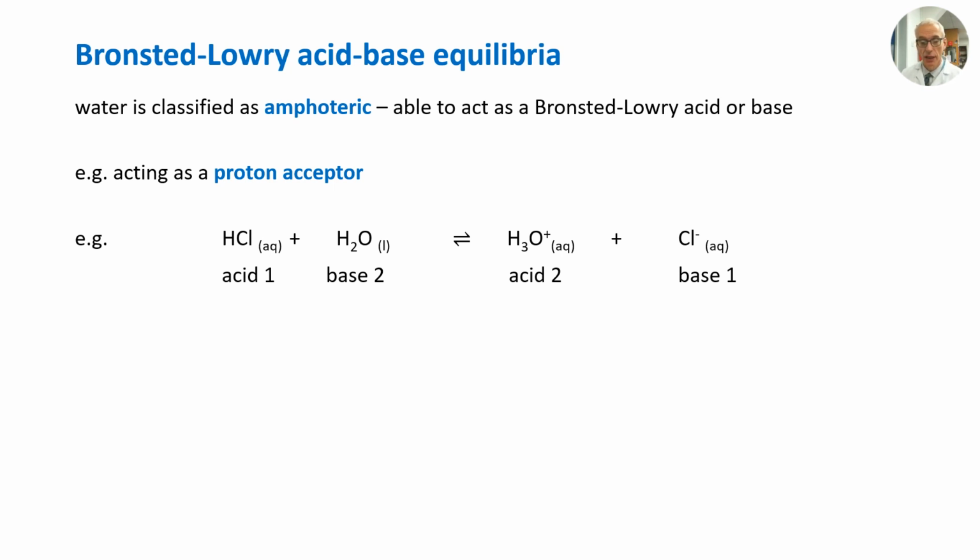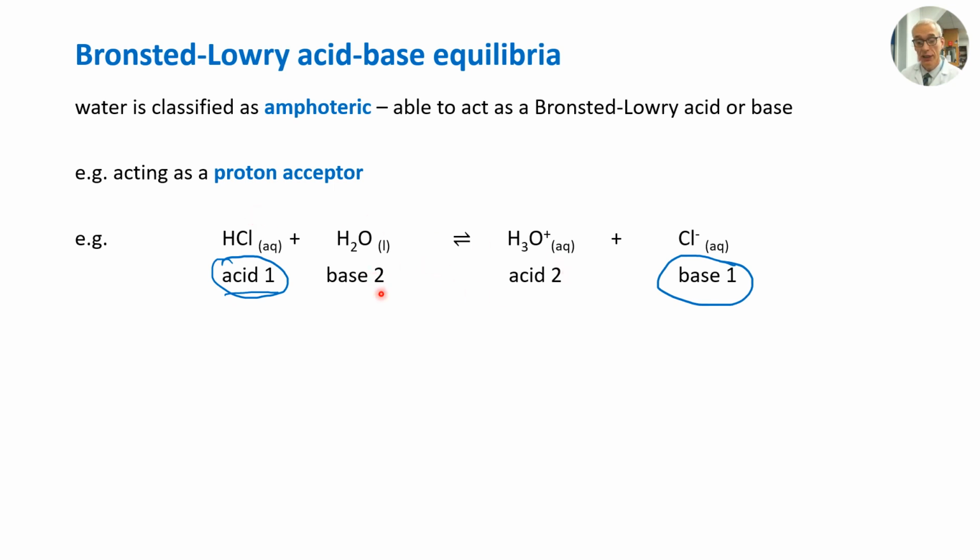So the acid HCl acts as a proton donor to the base and forms the chloride ion. So the two circled are a conjugate acid-base pair because the chloride ion can accept a proton to move back to form hydrogen chloride.